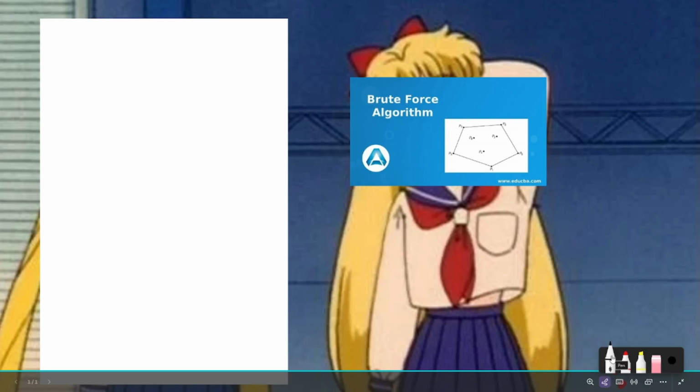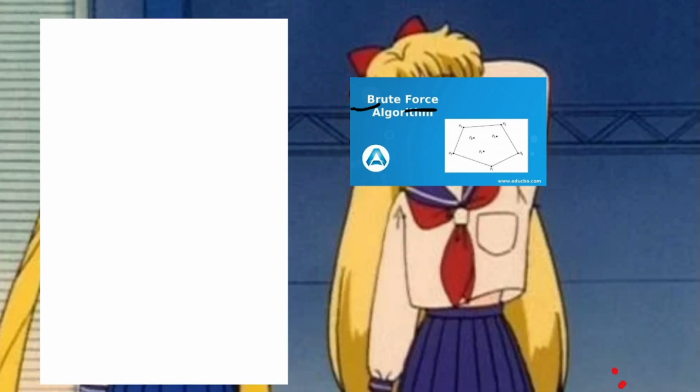Alright, so the next algorithm design thing we'll be talking about is called the brute force algorithm. It is basically straightforward, is the best way to describe it. It's not the novel approach. It's not clever, it's not efficient, but it's there for you when you need it. Some problems only have a brute force solution, like NP hard problems.